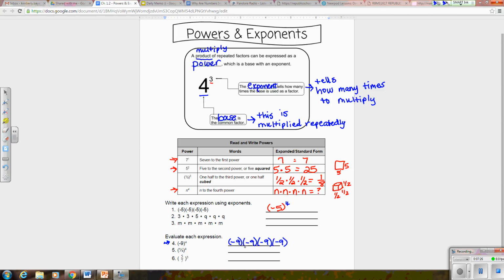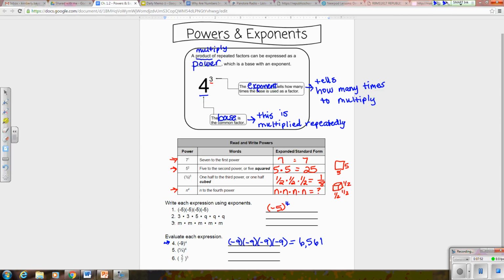In your calculator, do -9 times -9 times -9 times -9. You should end up with a positive number, 6,561. Notice how large that number gets very quickly when we multiply versus when we just add them together.